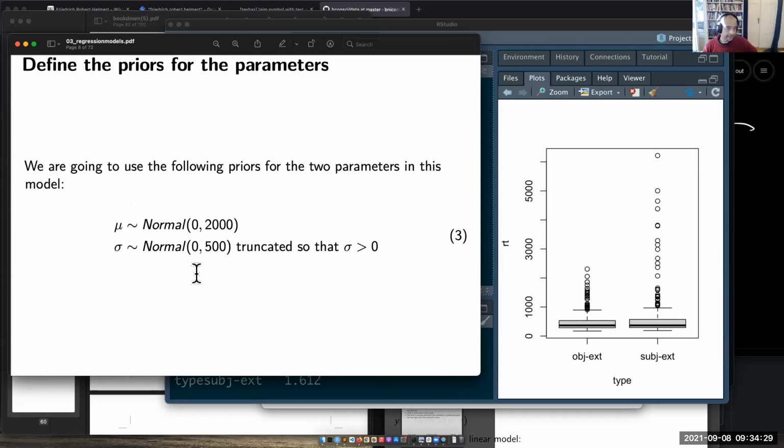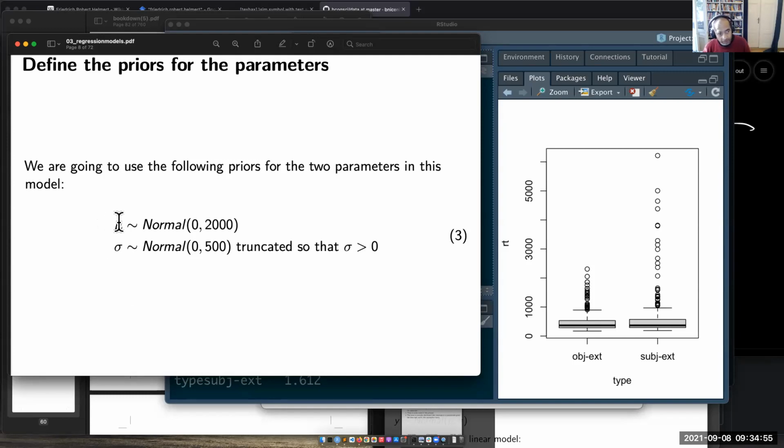All right. Secondly, what I defined for sigma is something called a truncated prior. If you've read chapters 1 and 2, you will have encountered this already. What I've done here is I've chosen a normal prior with mean 0 and standard deviation 500, but this time I will not allow any negative values. Why? Because sigma can never have negative values.